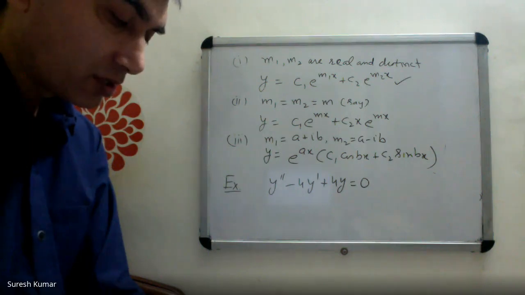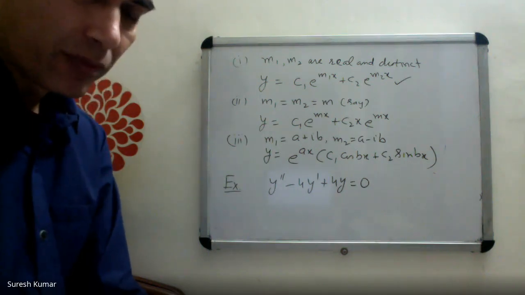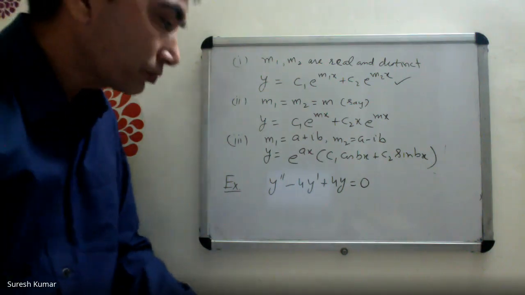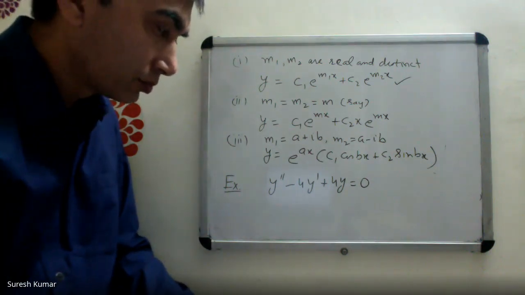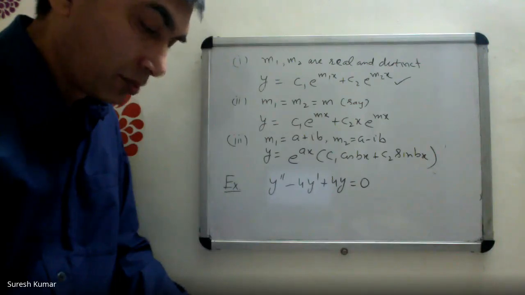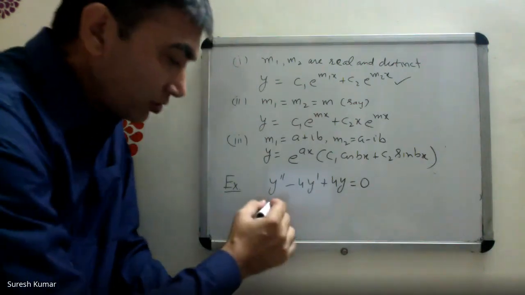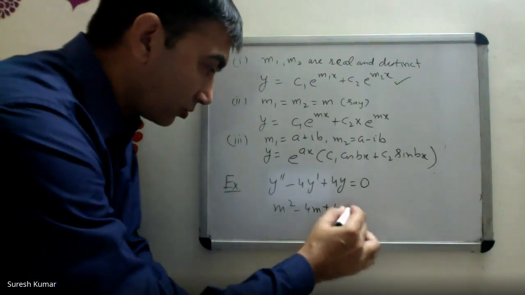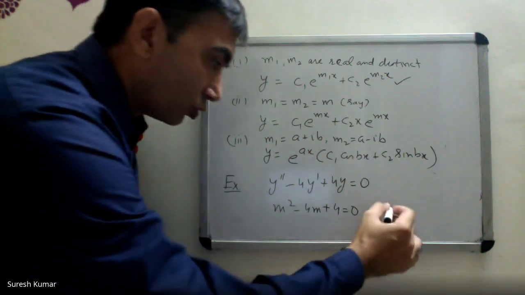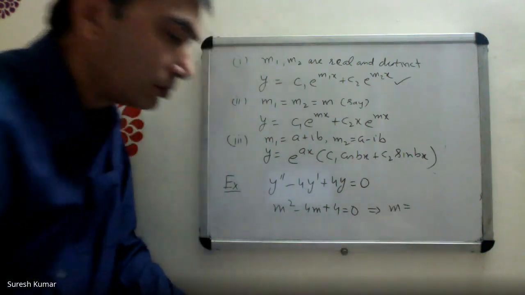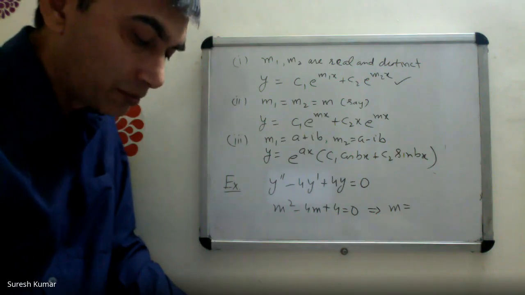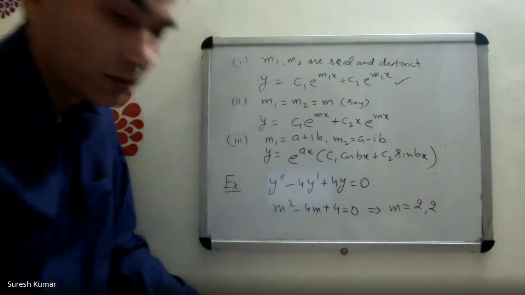It's simple and straightforward. The auxiliary equation is m² − 4m + 4 = 0. Roots are 2, 2, right? Roots are repeating.